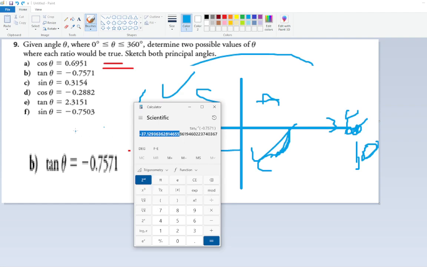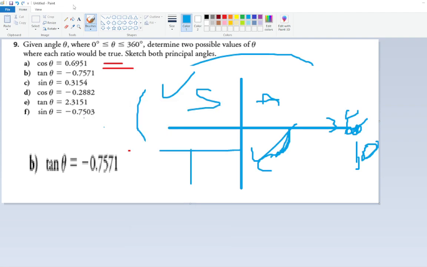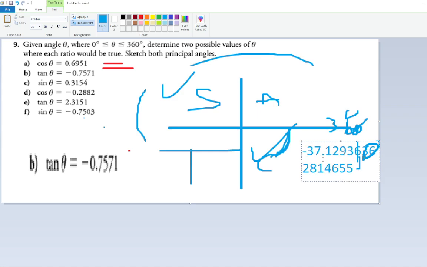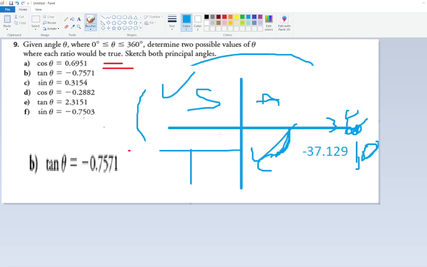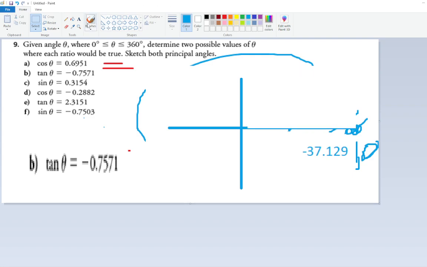So this is our angle. And it's given us a negative angle. So it's given us this weird angle down here. But that angle is not an angle we would use. Negative 37 is going in this direction.